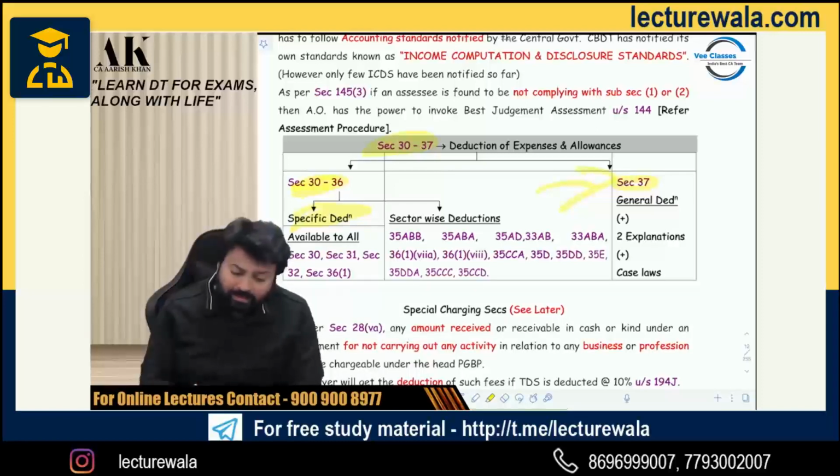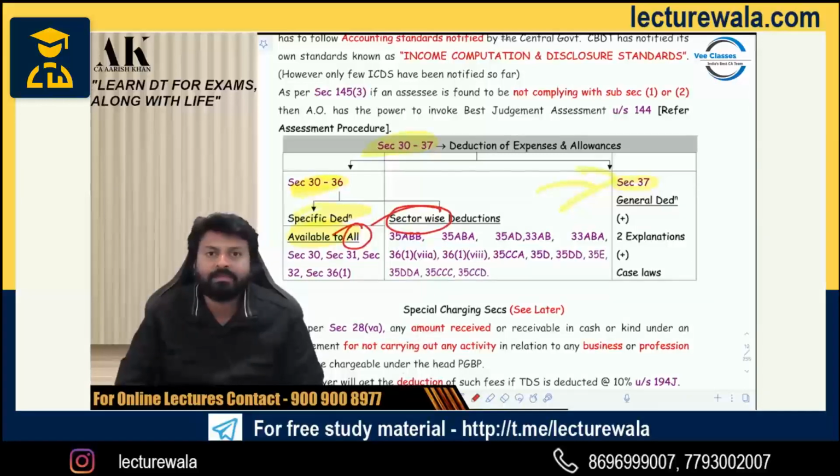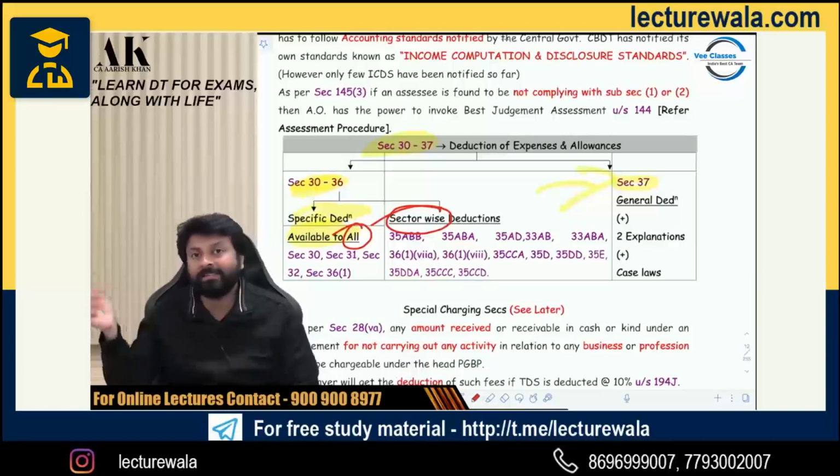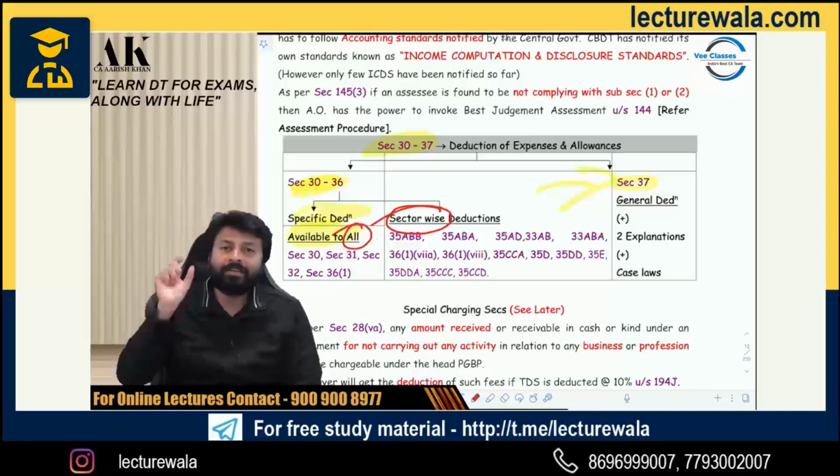In 30 to 36 also there are 2 segregations. Some deductions are available to all, meaning every kind of assessee, and some are available to certain sectors. Some benefits are available to all assessees, like depreciation and rent expense. But you would have done certain sector-wise deductions in CA Inter also, like scientific research deduction only to assessees engaged in scientific research.